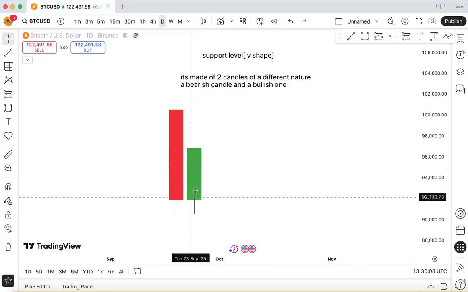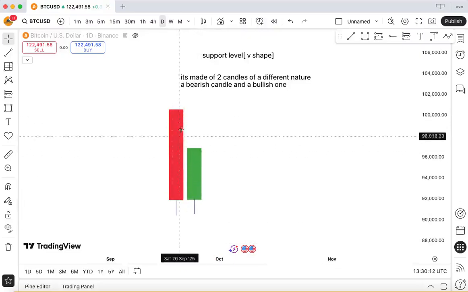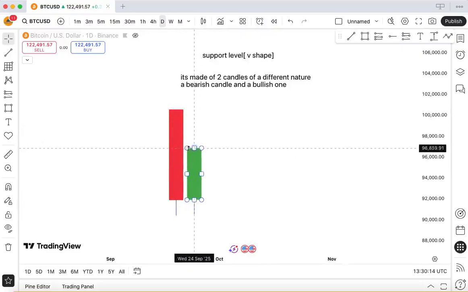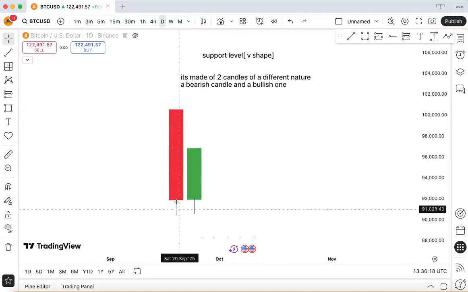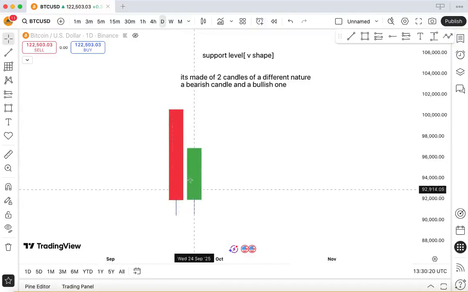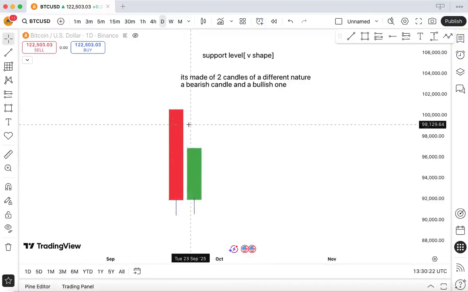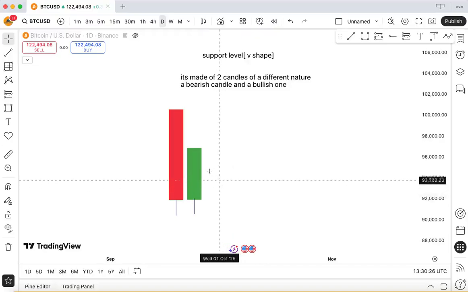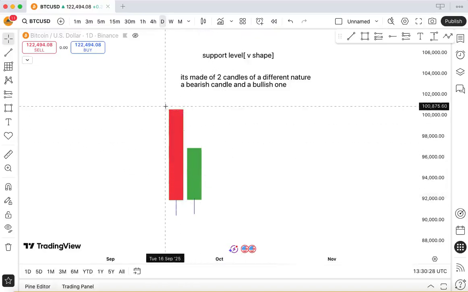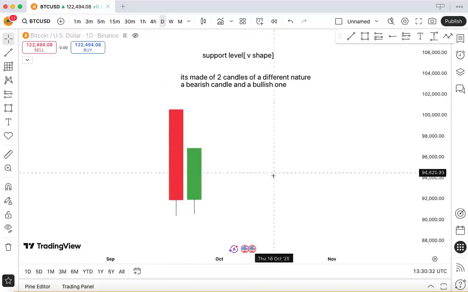Remember, it opens, it goes lower a bit to create this wick, it goes higher to create another wick, then it closes a bit lower. So once you see a formation of a bearish candle and it closes, then you see a formation of a bullish candle and it closes as well. Don't care about it having broken this low or this high. No, we don't care.